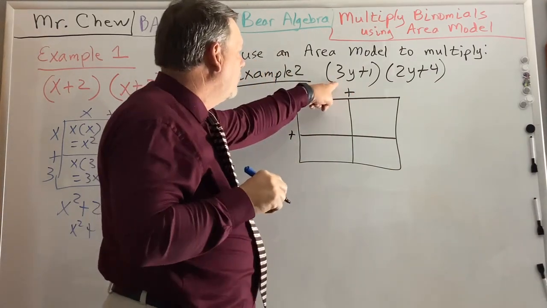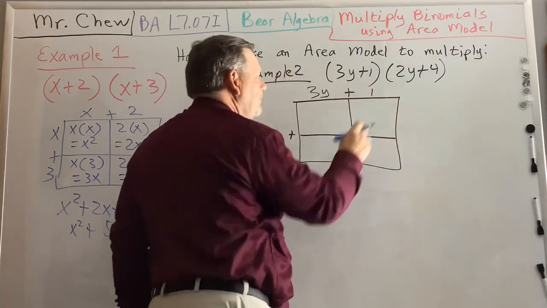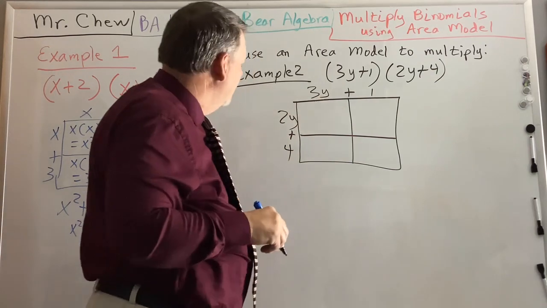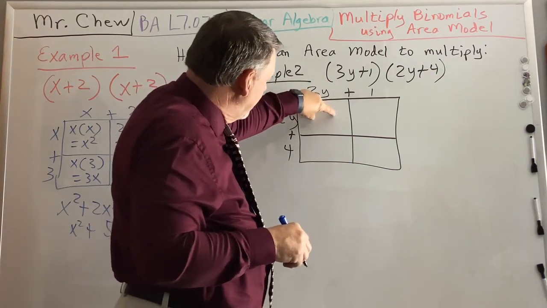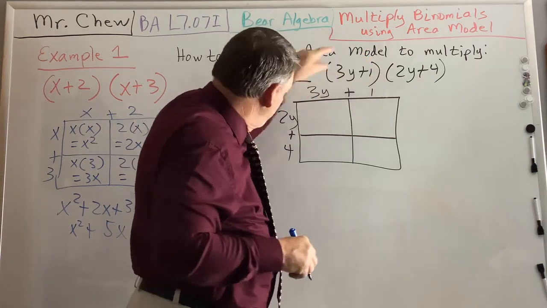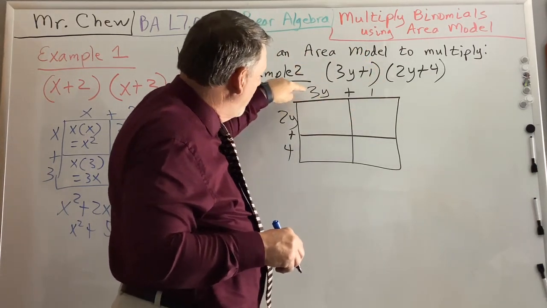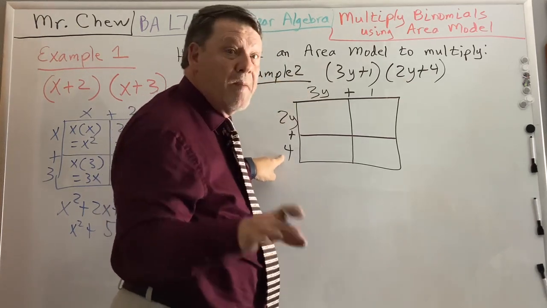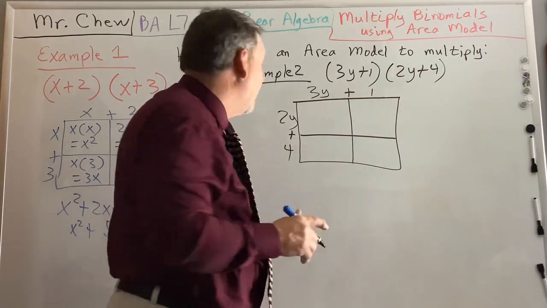So, I take my 3y plus my 1 and my 2y plus my 4. So I'm going to take this number times this number, put it in this rectangle. This number times this number, put it in this rectangle. This term times this term, that'd be a better way to put it, in this rectangle. This term times this term, put it in this rectangle.